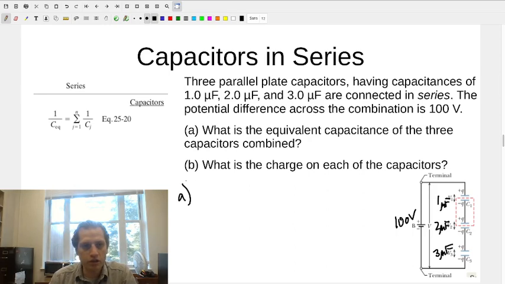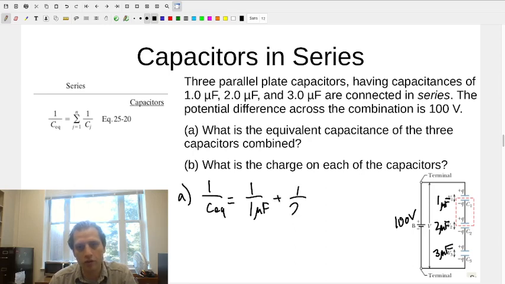Well, there's nothing tricky about this except using the formula. So 1 over C equivalent is 1 over 1 microfarad plus 1 over 2 microfarad plus 1 over 3 microfarad. It might be worthwhile, if you're doing this on your test, to simply plug each of these into your calculator, add them, and then take 1 over the quantity you've found.